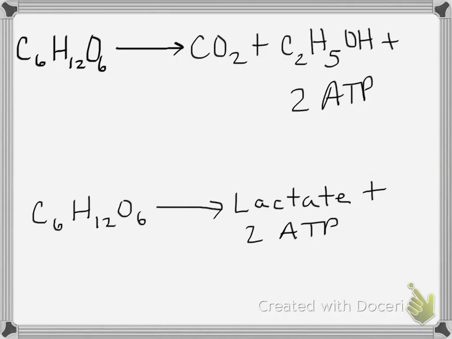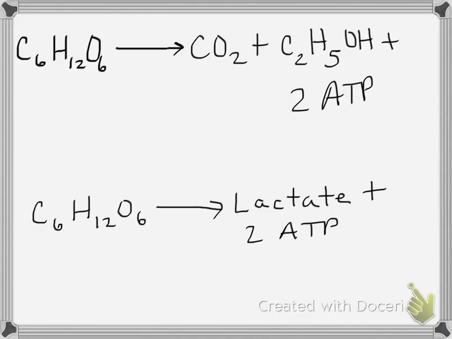Okay, now join me on page 78. We did 2 more. One of them is already in our lab manual. Glucose goes to form carbon dioxide, ethanol, and 2 ATP. And then I think we added glucose goes to form lactate or lactic acid and 2 ATP.